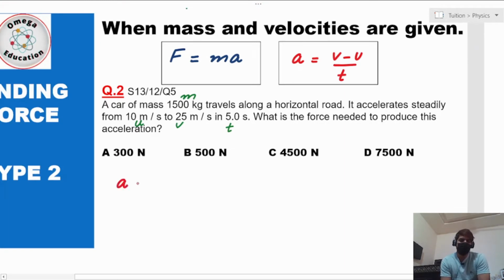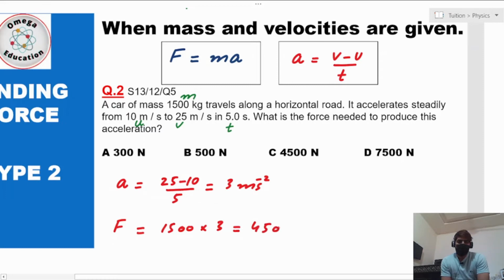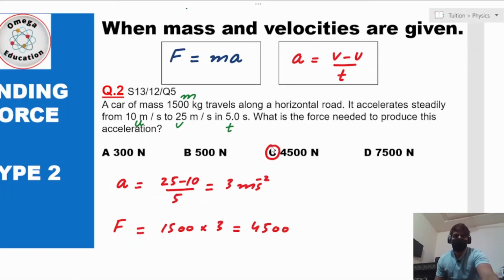So acceleration equals v minus u divided by t, 15 over 5, that would be 3 m/s squared. Then you use the formula of force, F equals m, which was 1500, times 3, which would be 4500 newtons. So C would be your final answer.